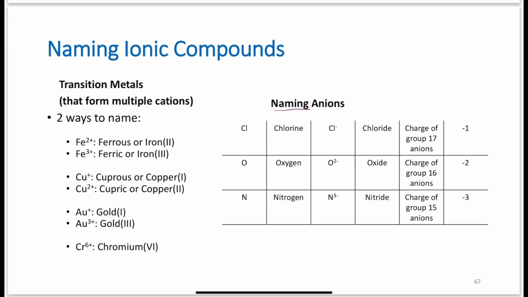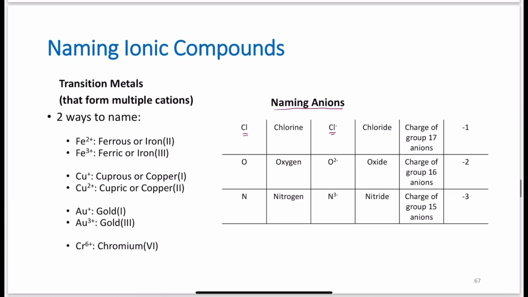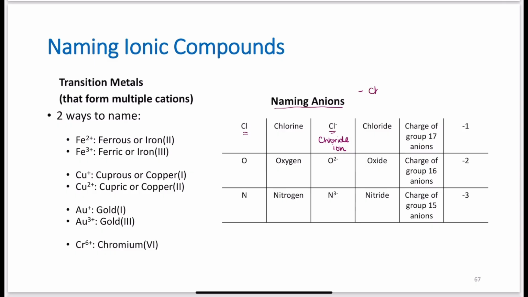So again, naming anions: Cl is called chlorine. It's a chlorine atom. Okay, if I have Cl minus, it's called a chloride ion. Notice in metals, we did not change the name at all, but in anions, we changed the ending of the name to IDE.